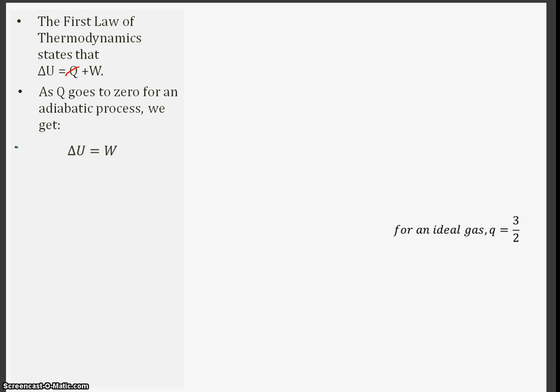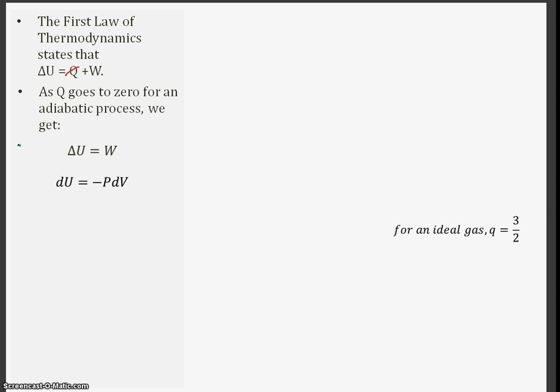So, for an adiabatic process, the heat goes to 0, and the change in internal energy is just the work. That means if you have a tiny change in volume, the tiny change in internal energy is going to be equal to negative P dV. That's how we get the total change in energy, by integrating P dV. The work on the gas would be negative P dV, because for an expansion, it's negative work on the gas, and for a compression, it is positive work on the gas.